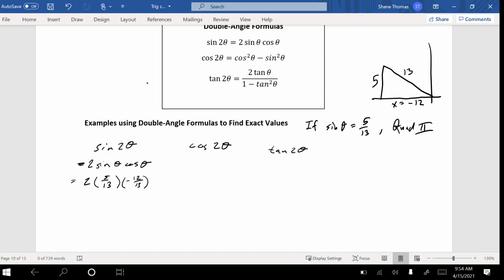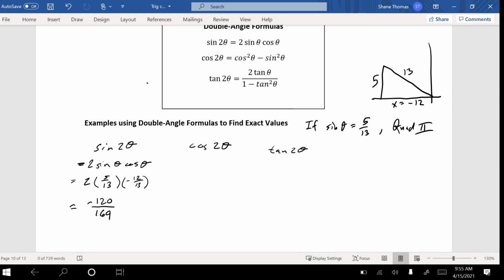All right, then just simplify from there. So multiply across the tops. 5 times 12 times 2 would be 120. Multiply 13 times 13, that's going to be 169. I don't know about you, but I don't think that goes any further than that, does it? I think we're stuck.